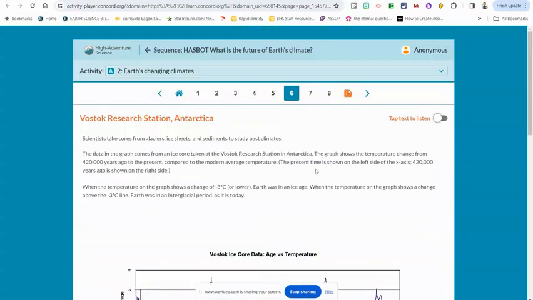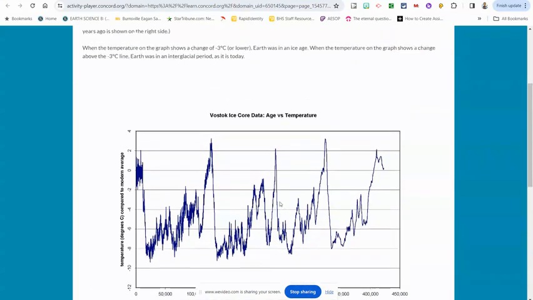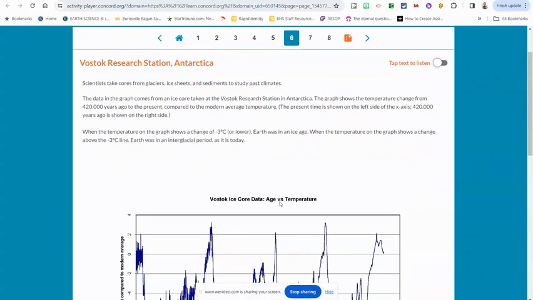Let's move to page 6. So what we're going to see now is a very famous graph. It's called the Vostok ice core graph, and this shows the temperatures of the last 400,000 years. Okay, how do we know this? By taking samples of what the atmosphere was like in ice cores.